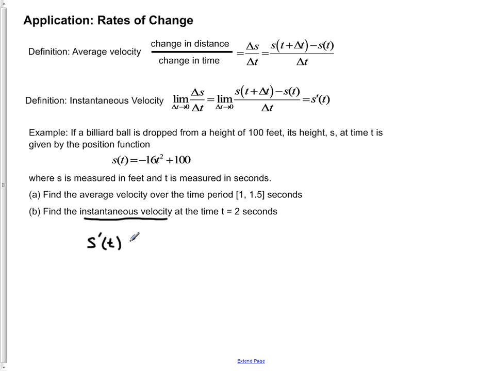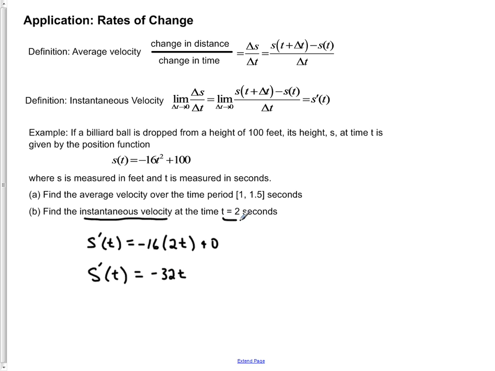What is s prime of t? Well, s prime of t is the derivative of negative 16 times t squared. That's negative 16 times 2t to the first plus 0 by our derivative rules. S prime of t is equal to negative 32t.